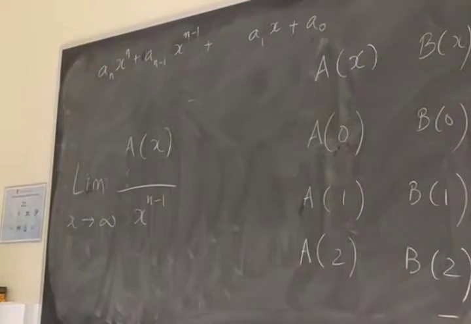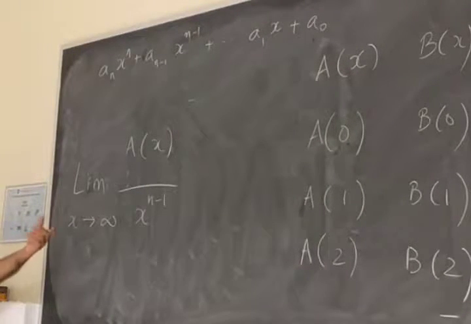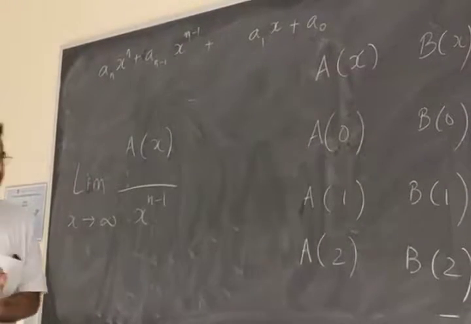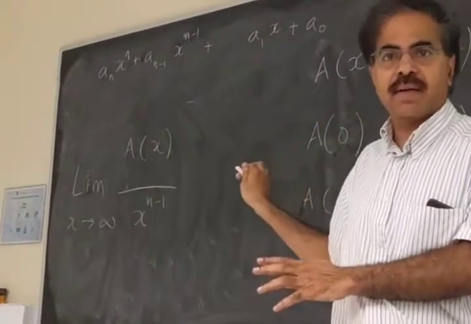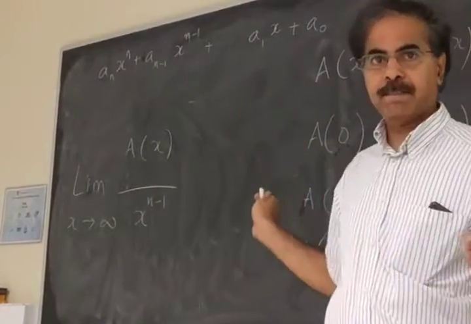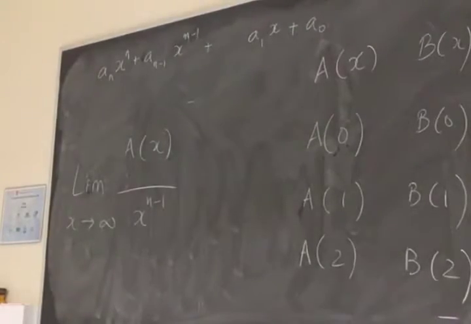Instead of just evaluating the polynomial outright, which will just give you infinity, a meaningless result, for the case of infinity we define the value to be something like this. So we have a special treatment for the case of infinity, and as long as you do this consistently for all polynomials, it should be fine. So I'm going to just pick the most significant coefficient because that's the only thing that's going to matter.